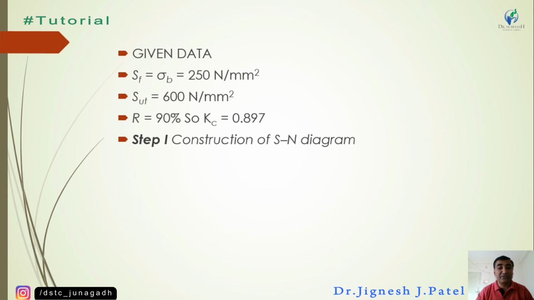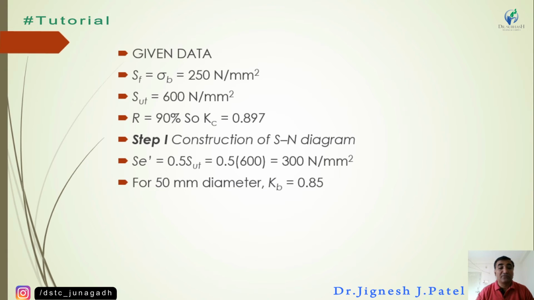As per the previous example, let us find the value of 0.9 SUT, then log SE dash. SE dash is given by the standard value 0.5 SUT, so SE dash, the endurance limit of the standard specimen, is 300 Newton per mm square.